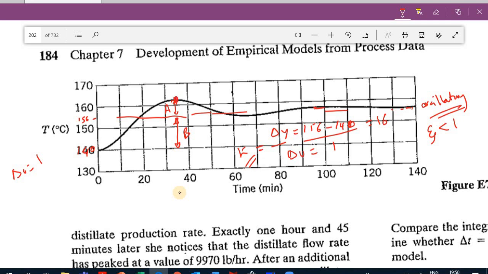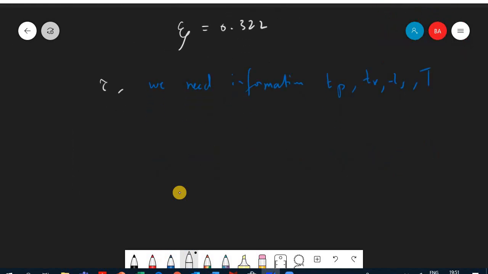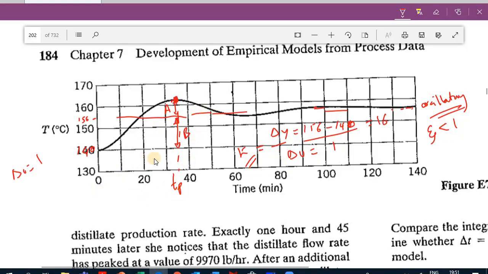But the TP I can identify, and it is about 33 minutes. Through the equation of TP that will be given to you, I can find tau, and if you calculate it, it is about 9.5 minutes.